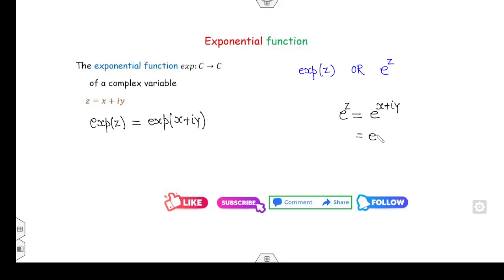I can also write this function as e raised to power x, e raised to power iota y. Now for this part I can apply Euler's formula. Then you can write this function as e raised to power x times cos of y plus iota sine of y.